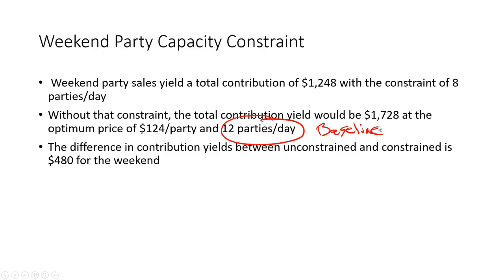The difference in contribution between the two cases, unconstrained and constrained, is $480 for the weekend.